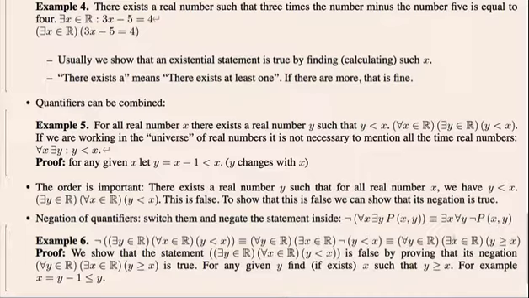So what we get is that for all y, there is an x such that y is greater than or equal to x. Or saying it differently, such that x is less than or equal to y.